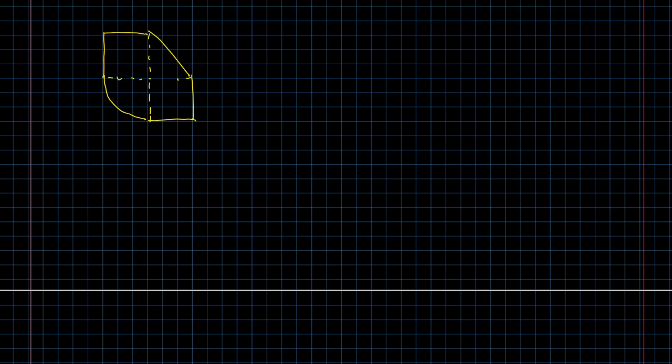Here I have a shape where I've drawn in internally a bunch of right angles, and I'm going to mark that the straight sides here are also at right angles.